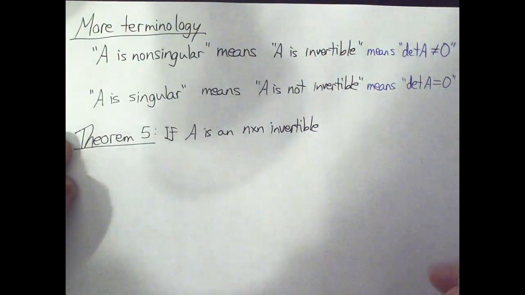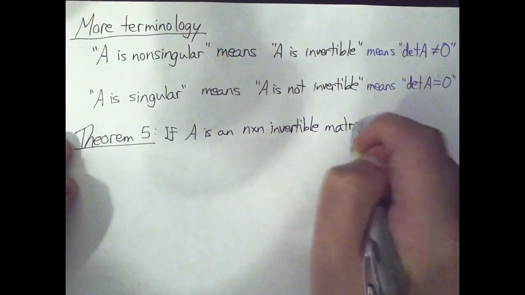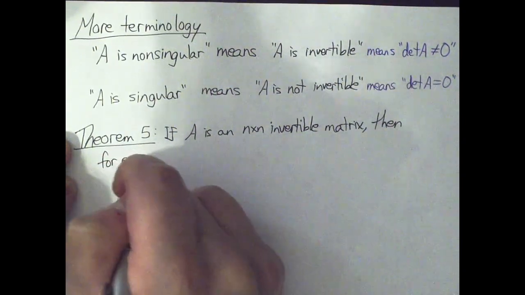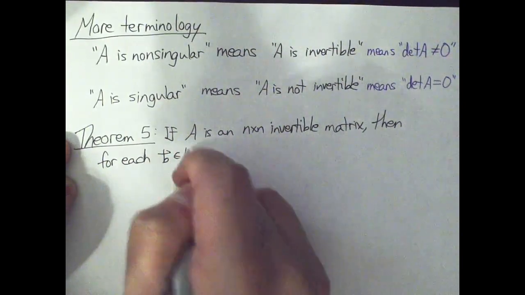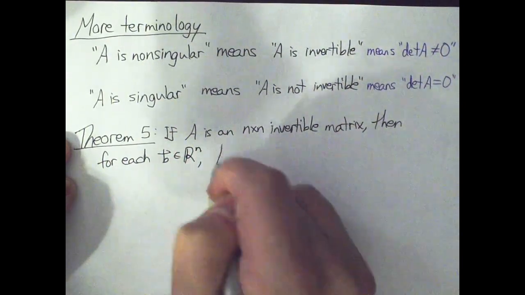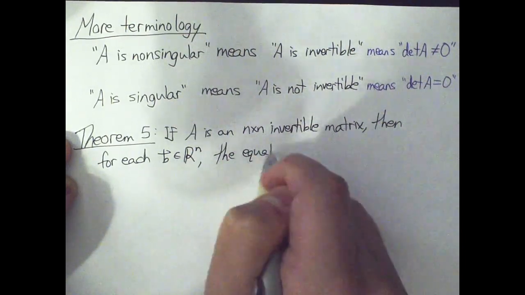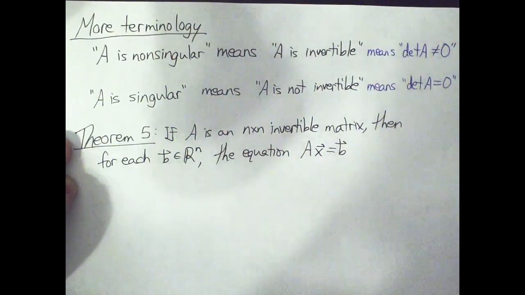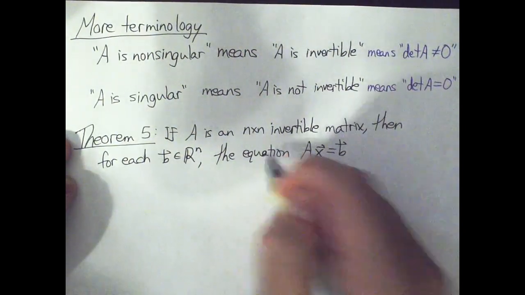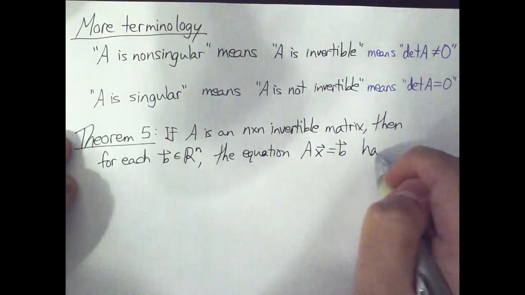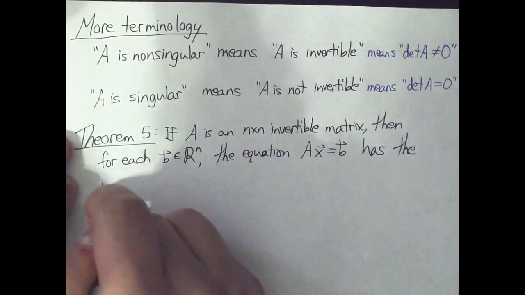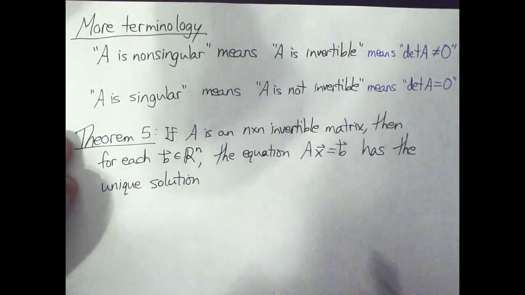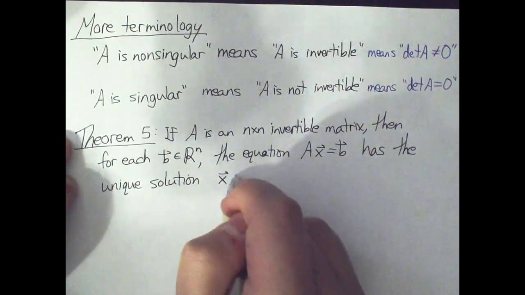If A is an n by n invertible matrix, then for each B, that's a vector B in Rn, the equation Ax equals B, which sounds like stuff we've talked about before, has a unique solution.